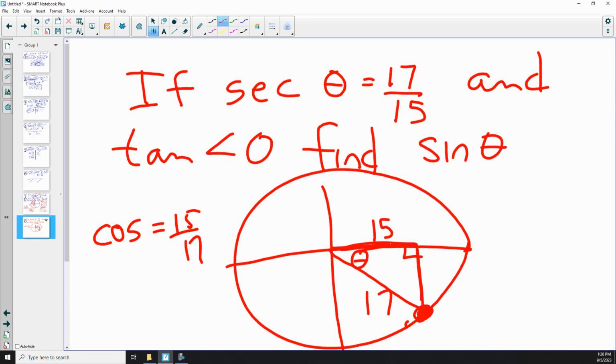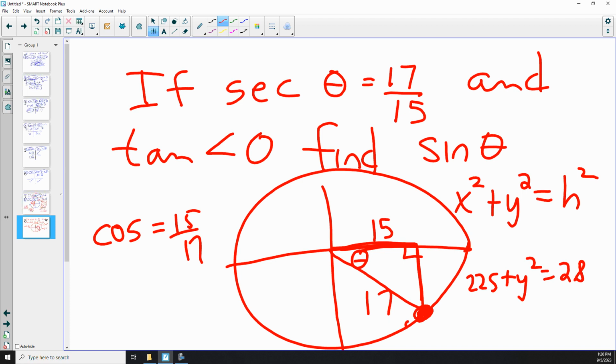It's the 8, 15, 17. No pressure. X squared plus y squared has to equal hypotenuse squared. So x is 15 squared. And 17 squared, everybody knows, is 289. So when we subtract that, we would get 64.